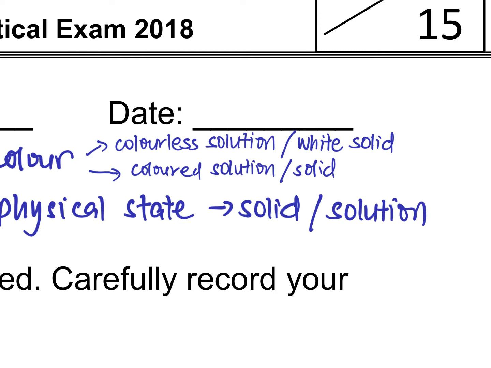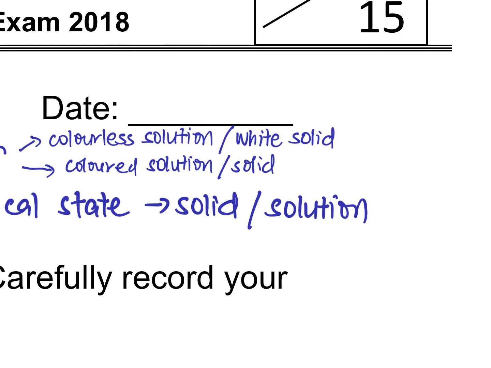If you have a colorless or white solid, the possibility of your cation that is present, you either have this, or this.